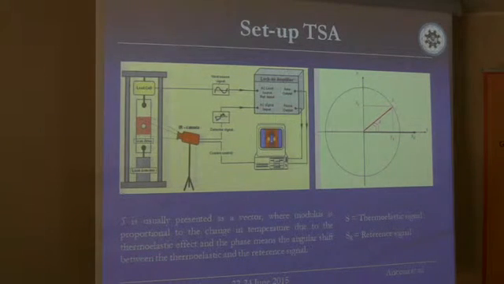The thermoelastic signal S is usually presented as a vector, where the modulus of the signal is proportional to the change in temperature due to the thermoelastic effect. And the phase means the angular shift between the thermoelastic and the reference signal.